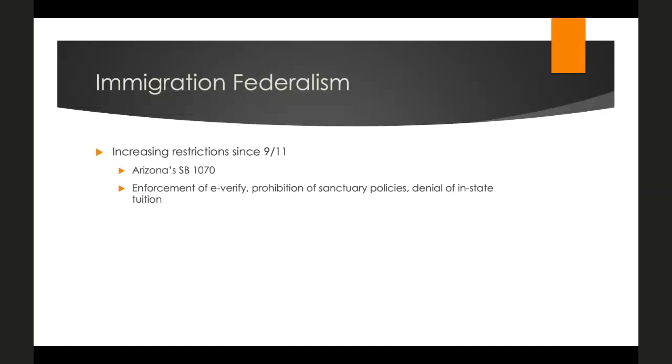undocumented immigrants. But at the same time, in more recent years, since 2012, the authors note, there have also been some states pursuing more inclusive policies, and these are the differences between what they call the Arizona package and the California package. They differ on party grounds: blue states tend to have looser restrictions, and red states tend to have increasing restrictions.